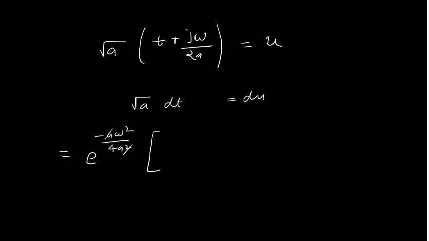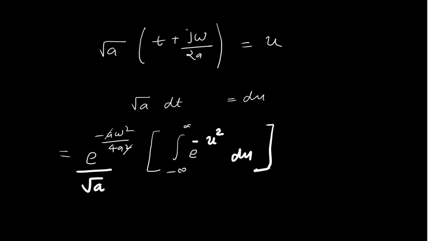And we have e to the power minus u square, where dt is du by root a, so that root a would come here. Agreed?